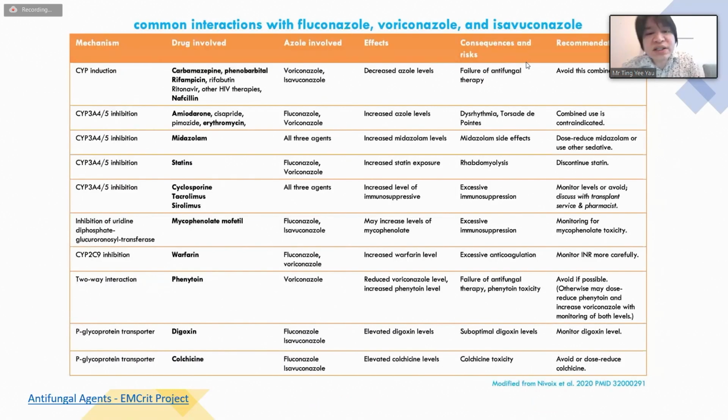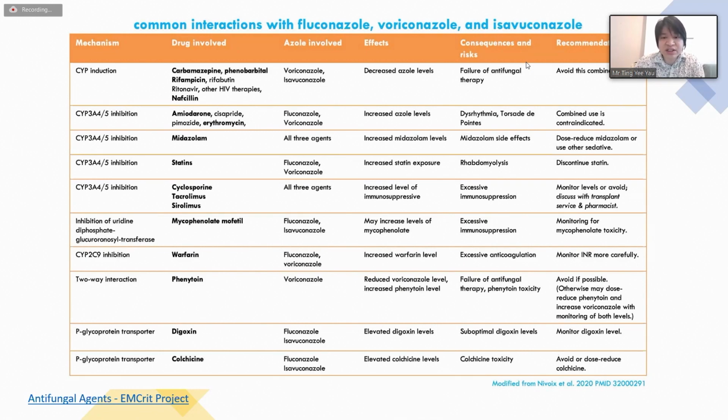This is another table to demonstrate the antifungals interacting with other medication. As you can see, the azoles are very potent enzyme inhibitors of the CYP. It does affect quite a lot of our routine medications like warfarin and statins.